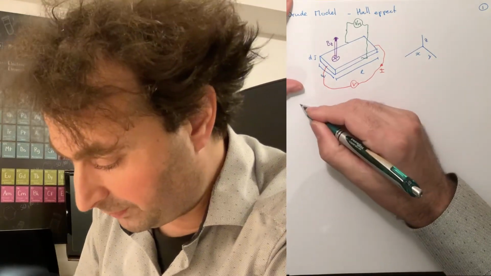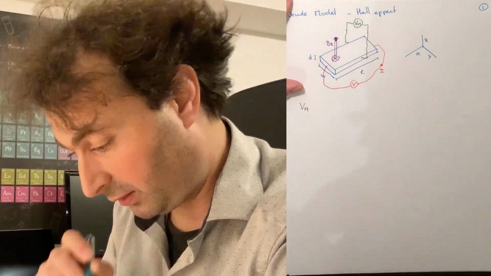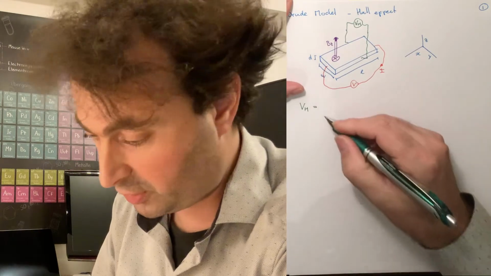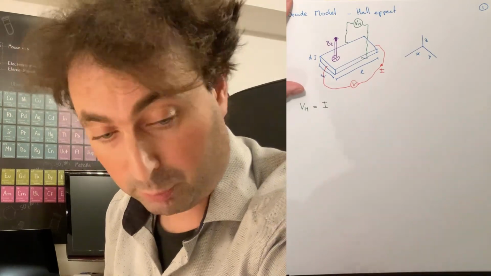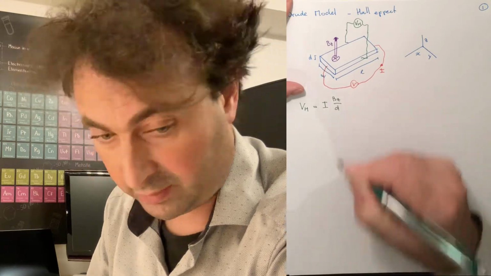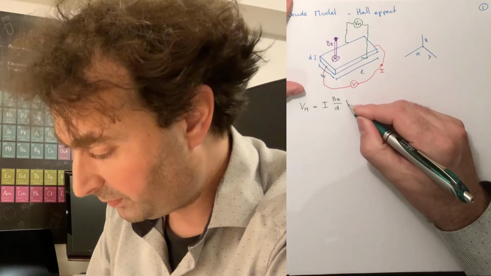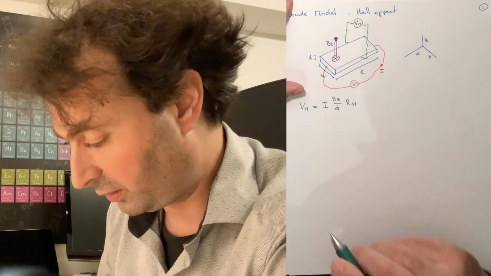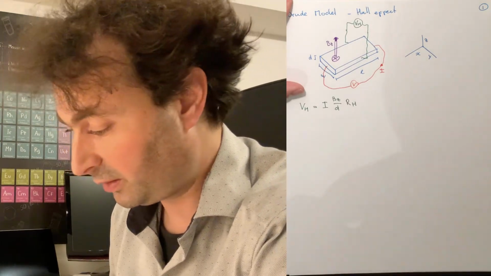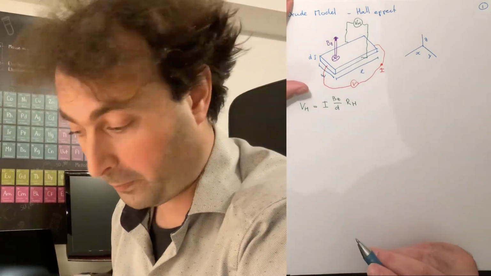First of all, the experimental observation of Hall was that your Hall voltage is proportional to the current times the magnetic field divided by the thickness of your sample, times a material specific constant. Let's see how we can derive this with the Drude model.